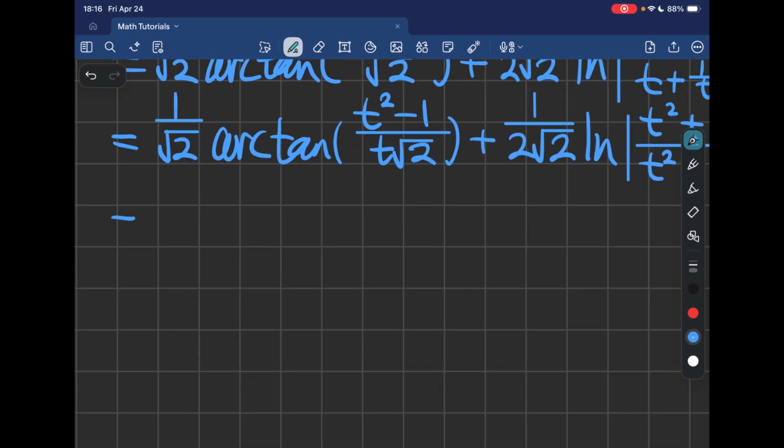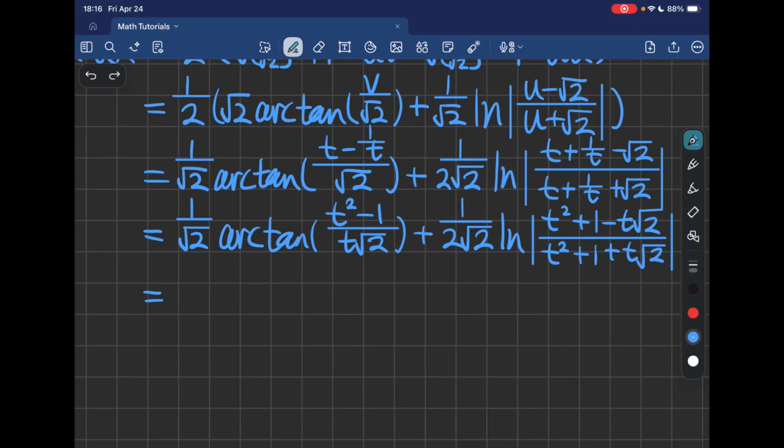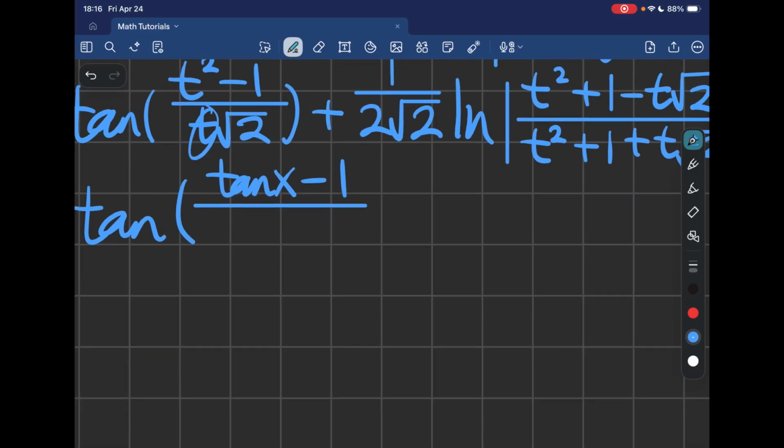Now we can just start putting back the values for t. So we're putting back square root of 10x. Another hard part in this problem is that you want to be super careful when you are substituting values back. It's easy to make errors here and there. So since t is square root of 10x, we can have square root of 2 10x here, right?